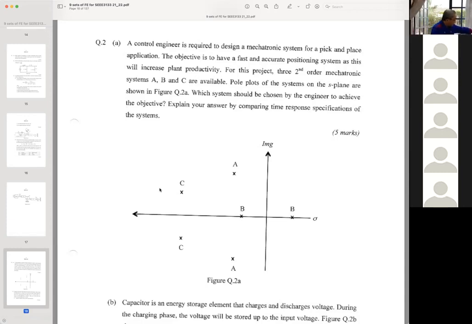For this project, 3 second-order mechatronic systems A, B, and C are available. All poles of the systems on the S-plane are shown in figure Q.2a. Which system should be chosen by the engineer to achieve the objective? Explain your answer by comparing time response specifications of the systems.